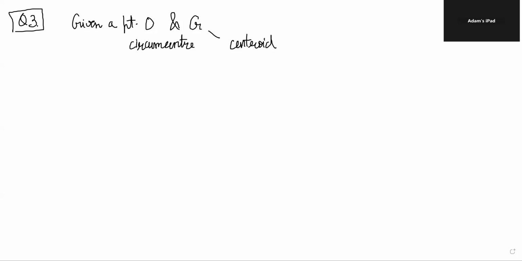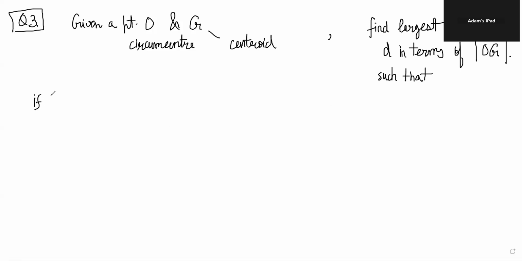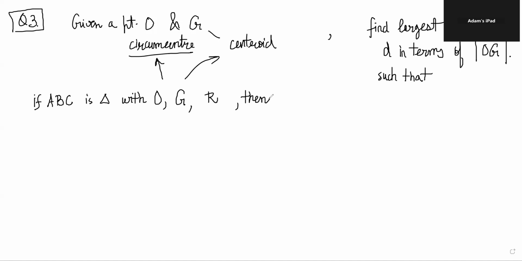They are saying find the largest value of D in terms of |OG|, the distance between centroid and circumcenter, such that if ABC is a triangle with O and G as circumcenter and centroid of that triangle and circumradius R, then D should be less than R.